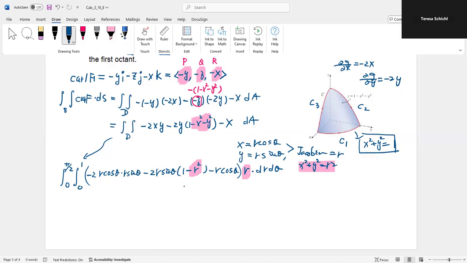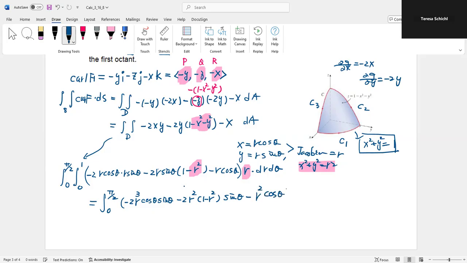So now let's simplify a little bit. Theta is 0 to pi over 2. Then here, this is negative 2 r cubed cosine theta sine theta. Then minus 2r squared, 1 minus r squared, sine theta. Then I can subtract r squared cosine theta.